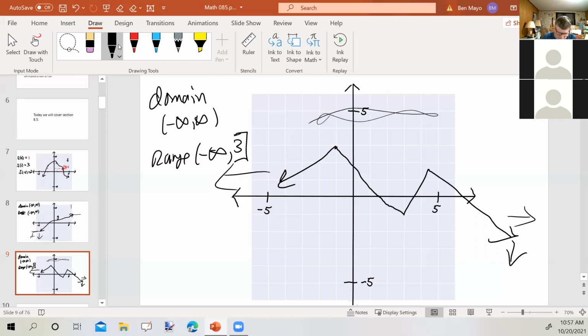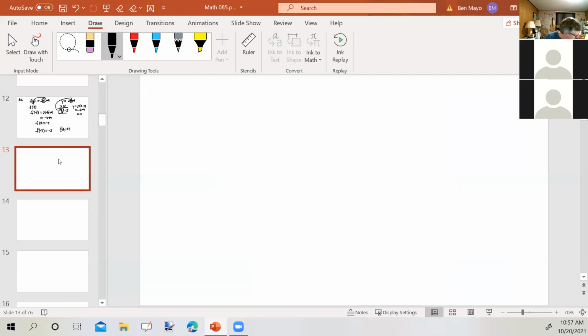Okay, we also talked about finding the domain of a function without a graph. So you've just got the actual function, let's say f of x equals 2x plus 4.